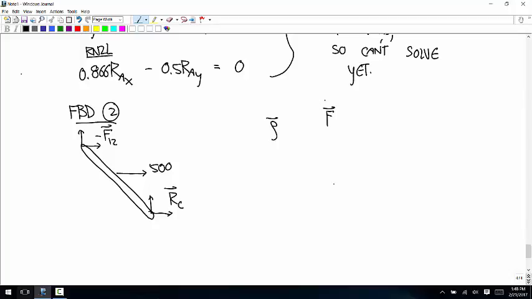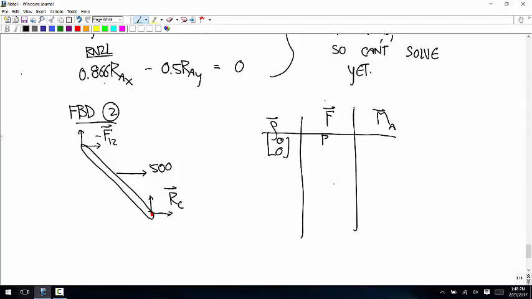So row vector, force vector, moment vector. I'll put the about point here. So for RC, we have no row vector. Force vector is RCX, RCY, and the moment is 0. Then the 500, row vector is negative 0.25, positive 0.433. Force vector is 500, 0.